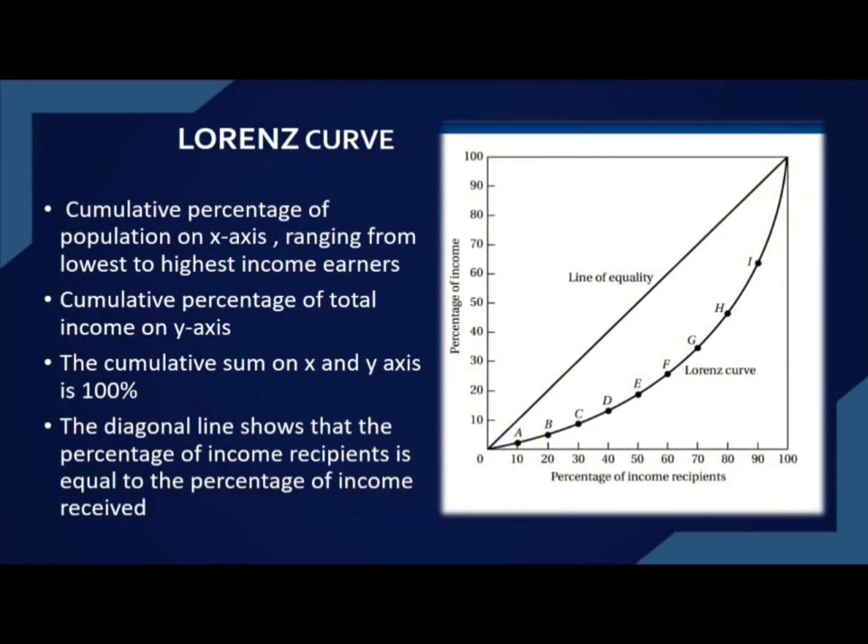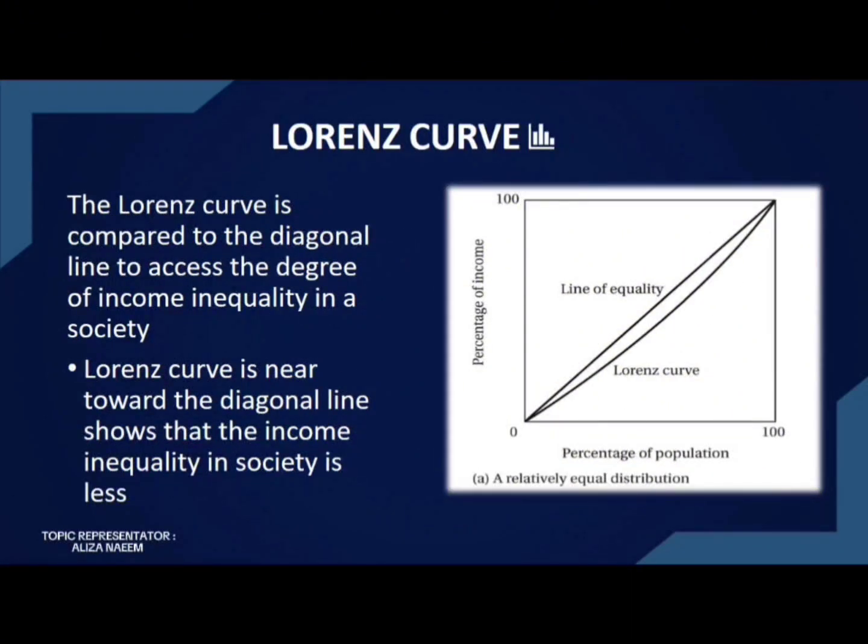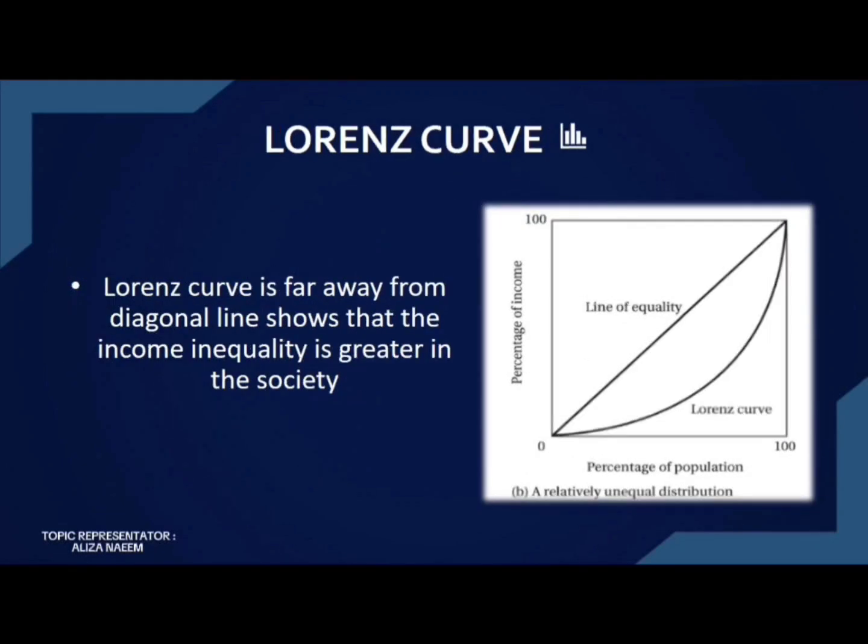But we can see that this is not the reality. In reality, the curve lies below the diagonal line, which shows that income is unequally distributed. To observe inequality in society, we can check the gap between the diagonal line and the curve. If the Lorenz curve is near the line, income inequality in the society is less, and if the Lorenz curve is far away from the diagonal line, income inequality is greater.